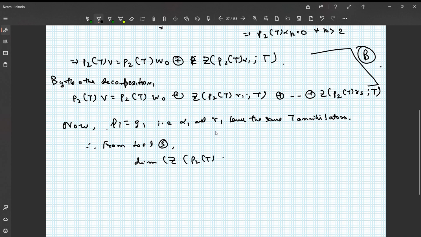Therefore, from tool 3, we can say that the dimension of the T-cyclic subspace generated by P2(T) alpha 1 is equal to the dimension of the T-cyclic subspace generated by P2(T) gamma 1, right?